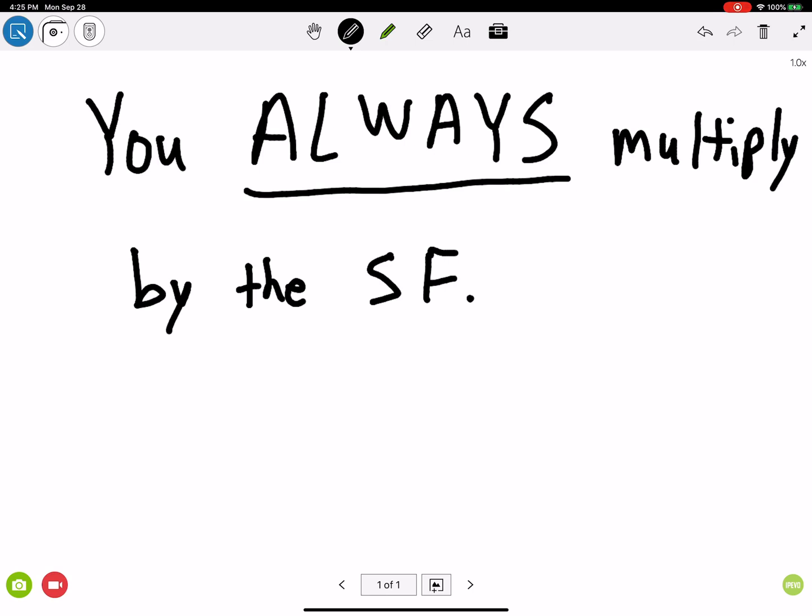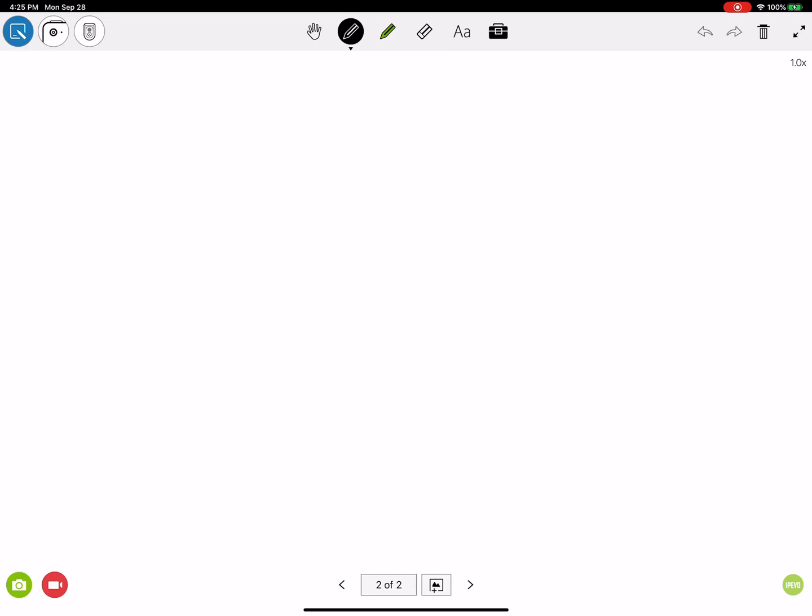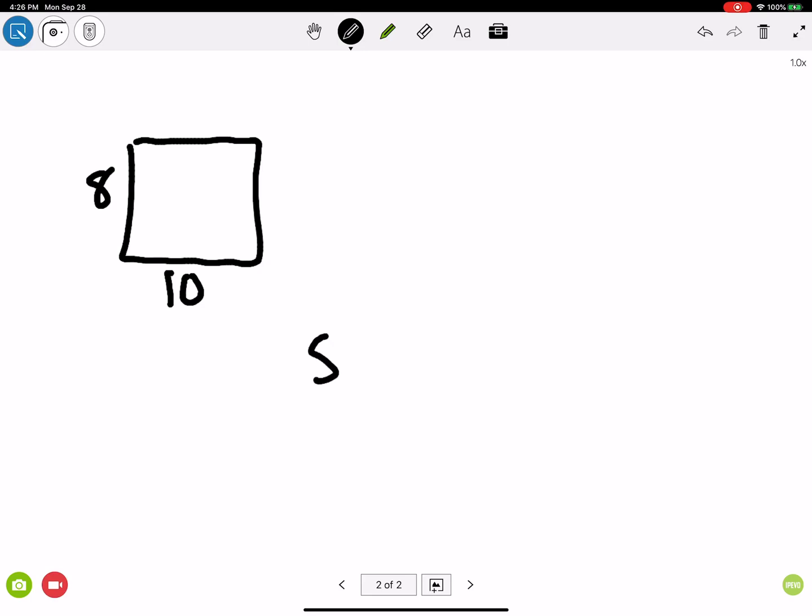You might be thinking, well, what if I'm doing a reduction? Shouldn't I be dividing? Well, no, you're still multiplying, but instead, it's going to look like this. So if I have a larger box, let's say this is 8 by 10, actually I'm going to ask you what the scale factor is.